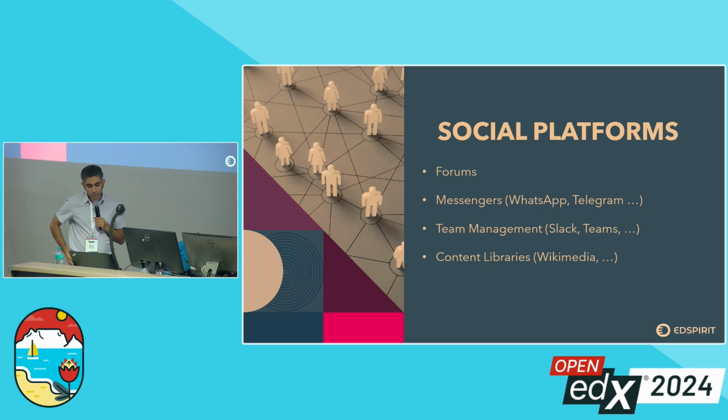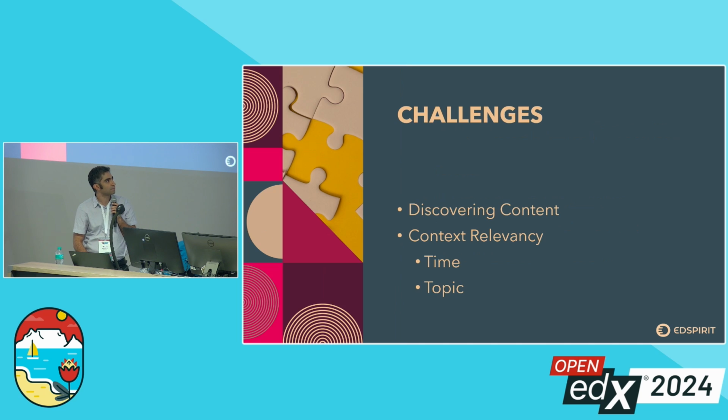Also, in the same tone, we have team management tools, such as Slack and Microsoft Teams, that give us the ability to structure our conversations, but are somehow similar to the messengers. And at the end, we have content libraries, such as Wikimedia or wikis. What are the challenges with them, and what do we want to solve here?